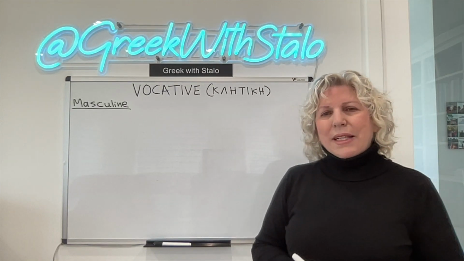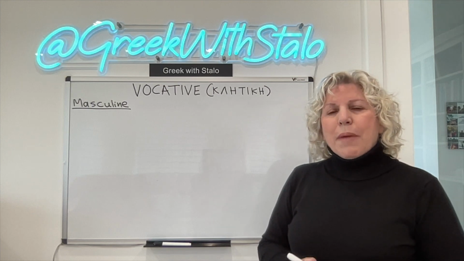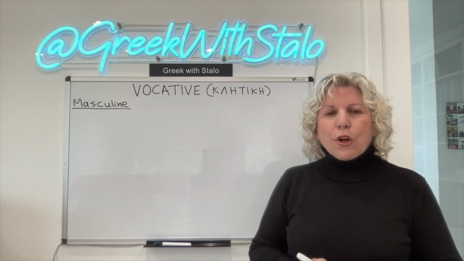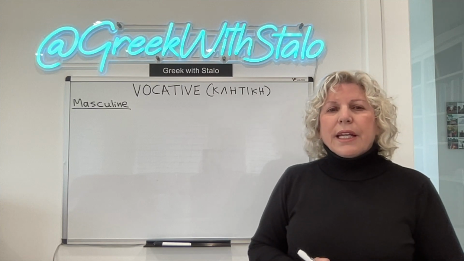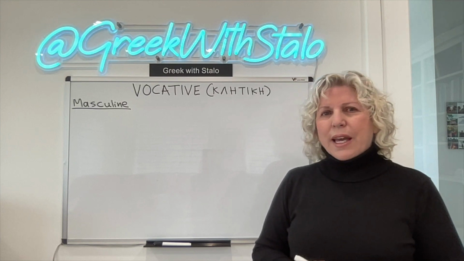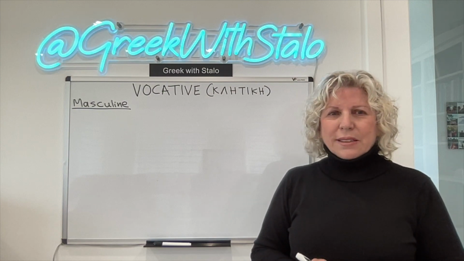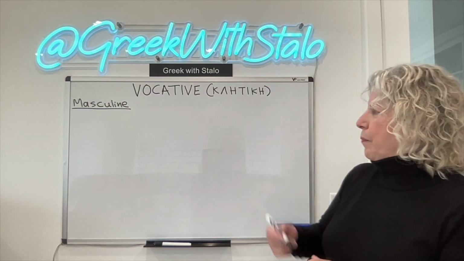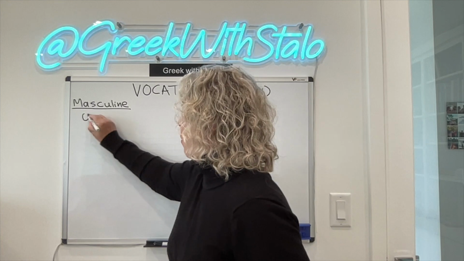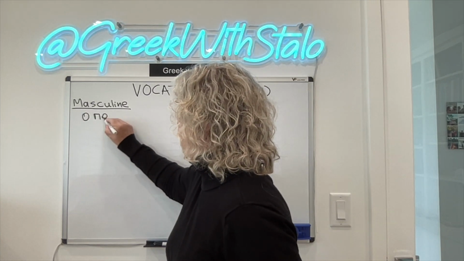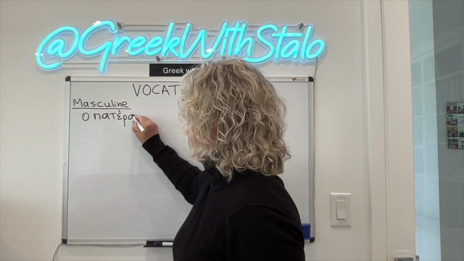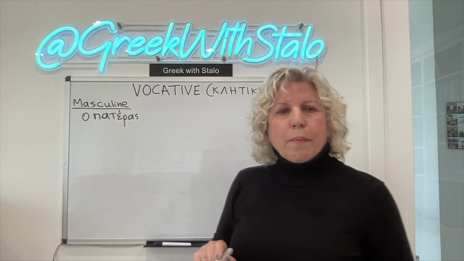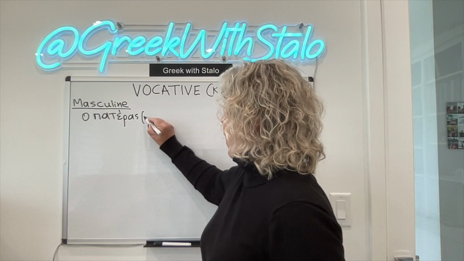Let's start with the masculine nouns. The masculine nouns in Greek normally end in sigma, s. In order to form the vocative case, we drop the s. For example, ο πατέρας, the father.